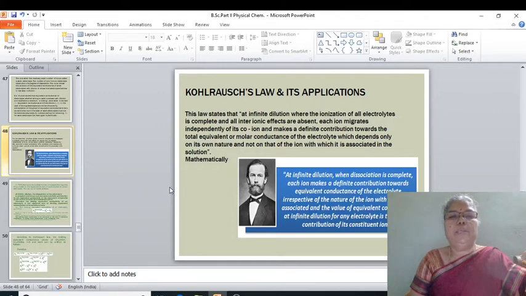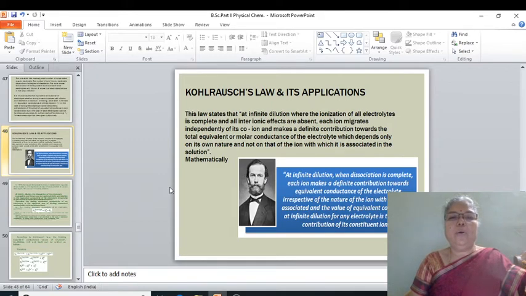Our today's point is the Kohlrausch law and its applications. Kohlrausch was a scientist. He studied the conductivities of a large number of strong electrolytes, and he found an interesting relationship between the conductivities, and he formulated his law as the Kohlrausch law.